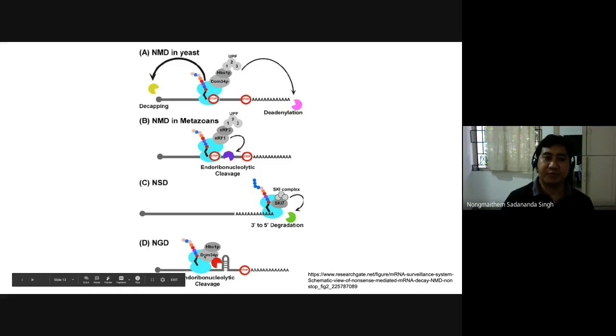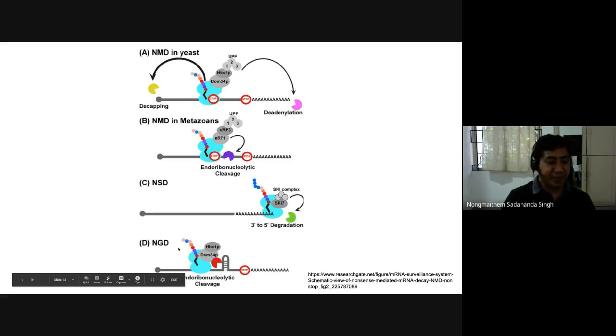DOM34 is also involved in NMD in yeast. This factor recruits endonuclease rather than deadenylases. It recruits endonucleases, cleaves the mRNA, just like the NMD system in metazoans, and degrades the mRNA. So this is the no-go decay.